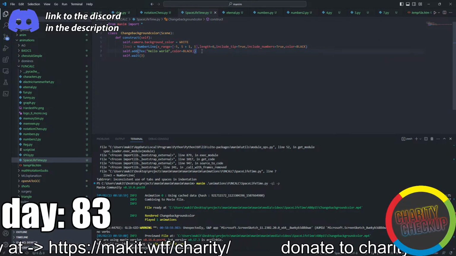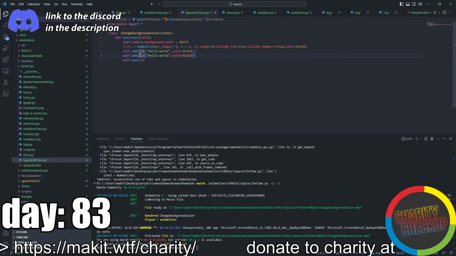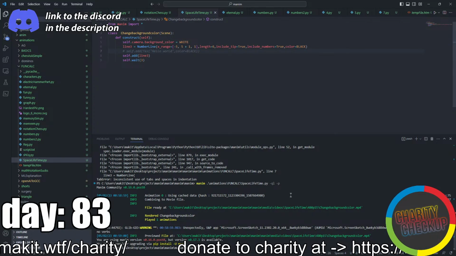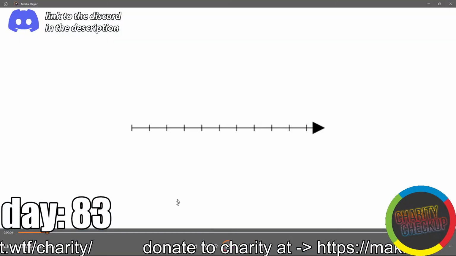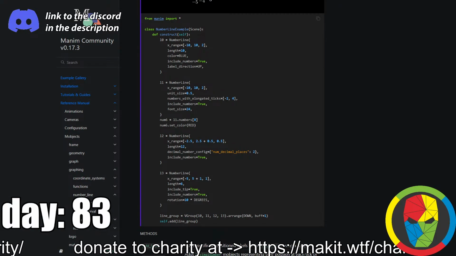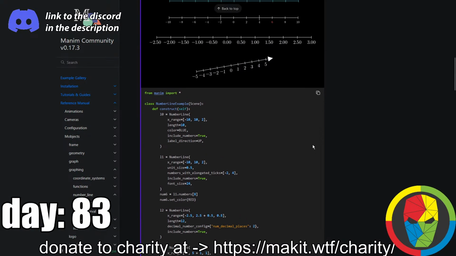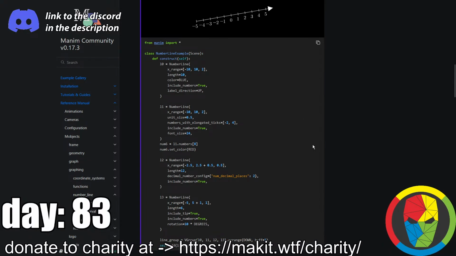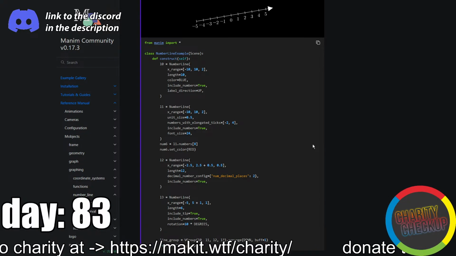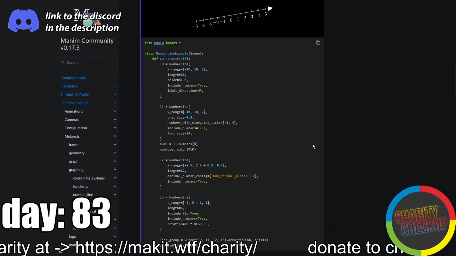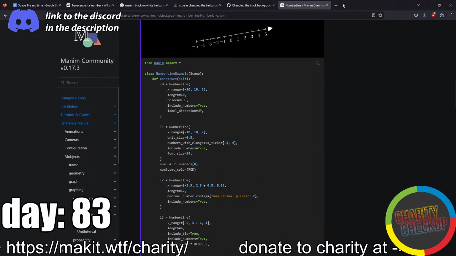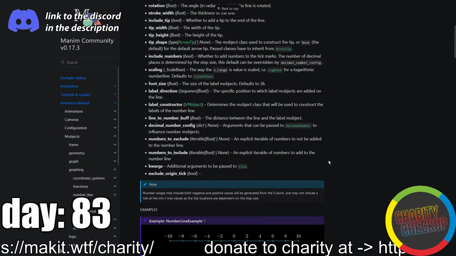Now let's do self add line 3. Yep. Number line, number colors.